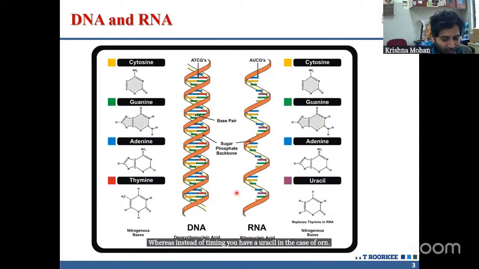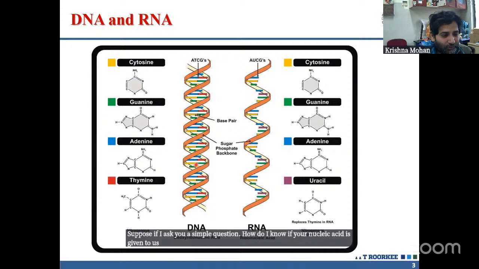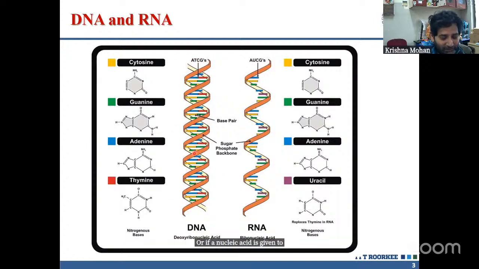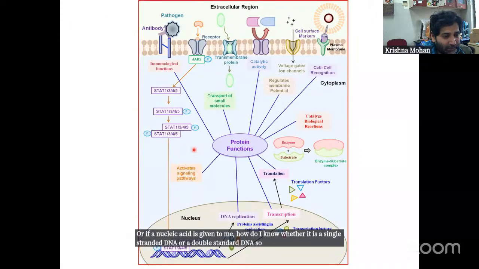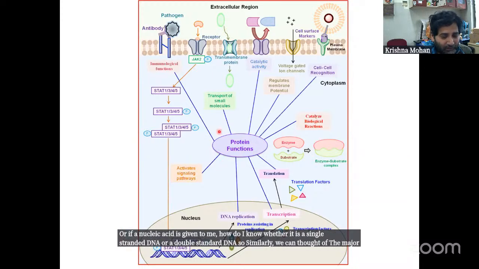Suppose I ask you a simple question: if a nucleic acid is given to us, how do I know whether it is DNA or RNA? Or how do I know whether it is a single-stranded DNA or a double-stranded DNA?